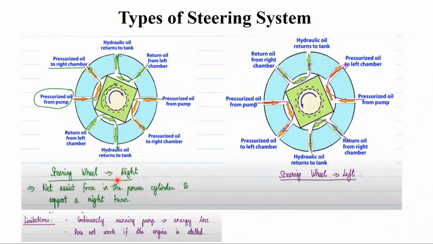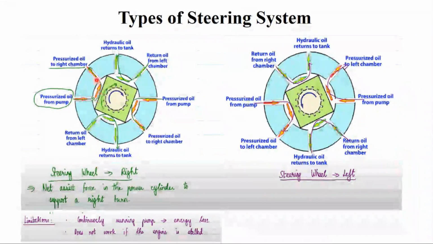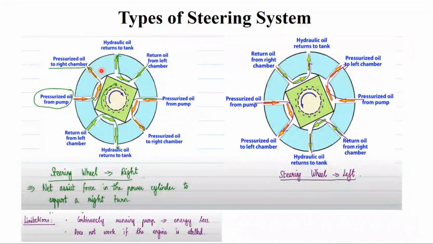When you move the wheel towards the right direction, you can see here the movement, how it happens. The pressurized oil from the pump goes in this direction, to the right chamber.